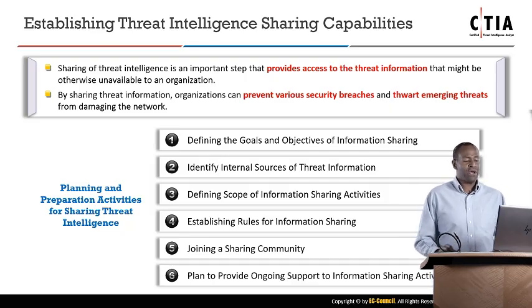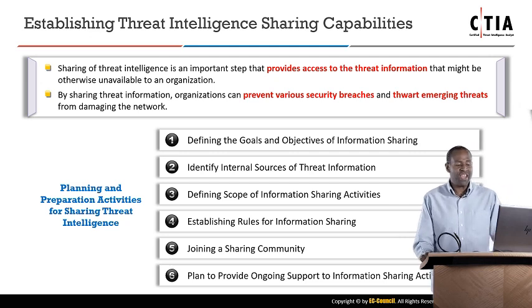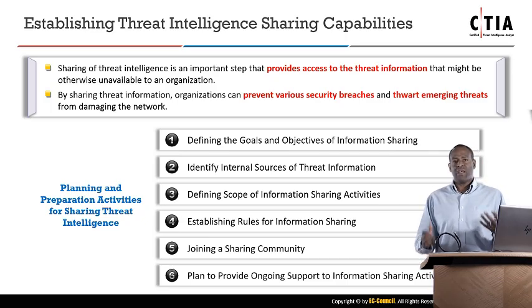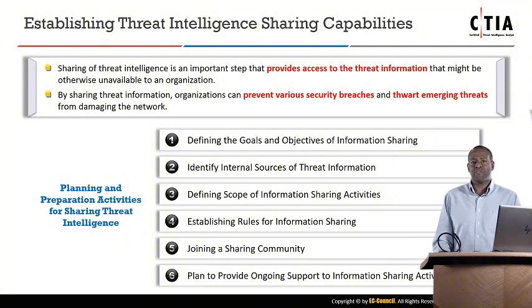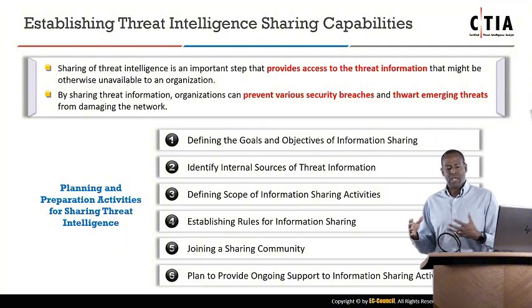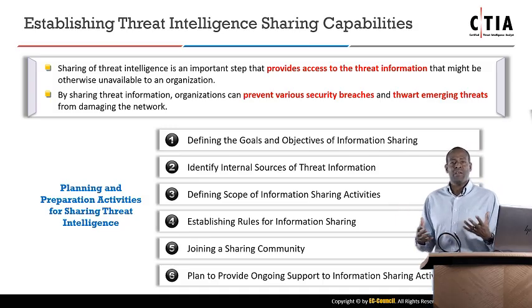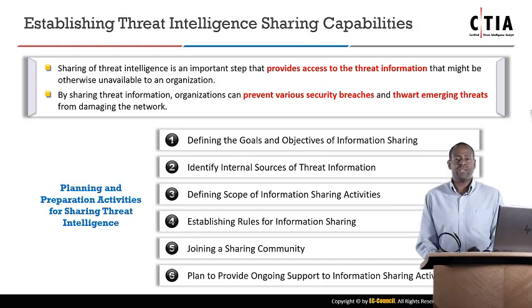By sharing threat information, your organization can prevent various security breaches and thwart emerging threats from damaging the network. So let's take another example. In a specific forum that you've worked with for a while and looks like there's pretty intelligent people there, you get somebody who reports that a possible threat has emerged.